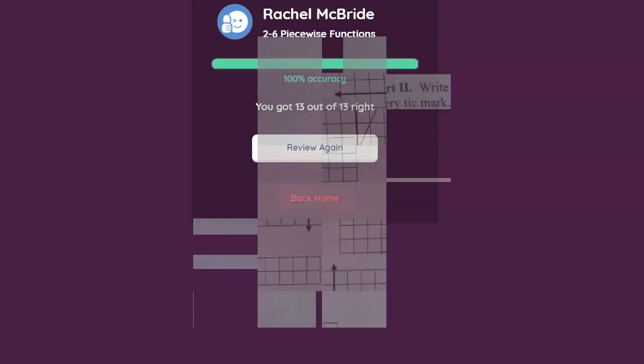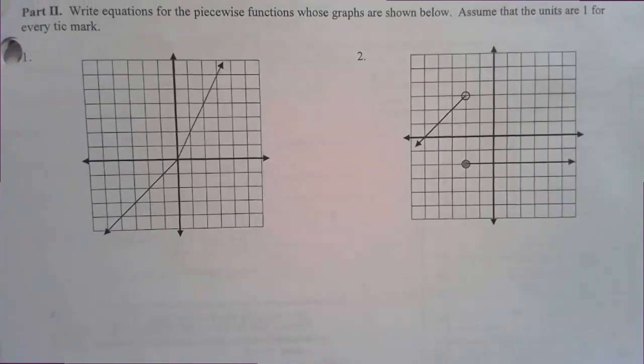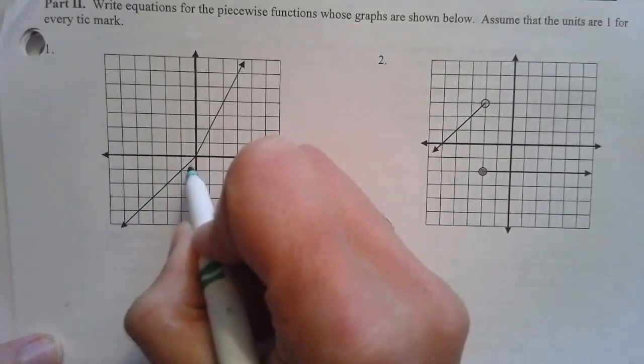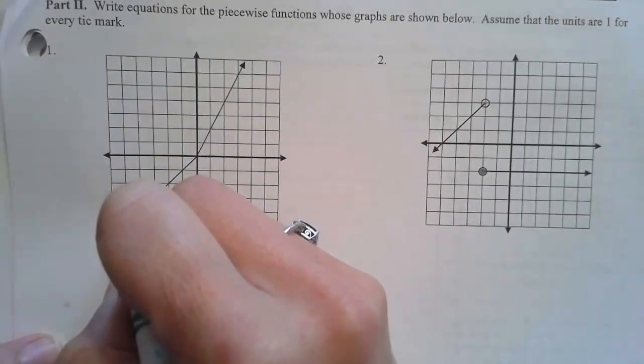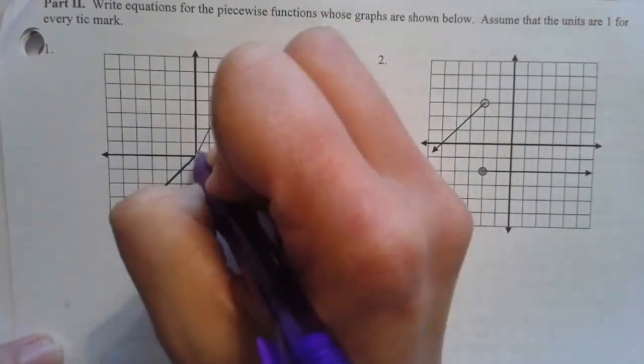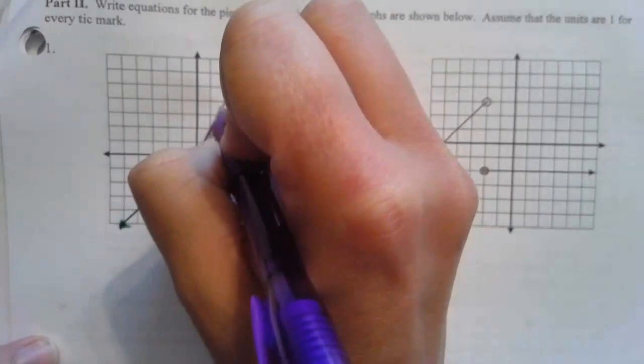All right, let's go over some of the examples from last night's homework just to make sure we have a good understanding. So in example number 1, you can see that you have one linear function here and a second linear function right here.